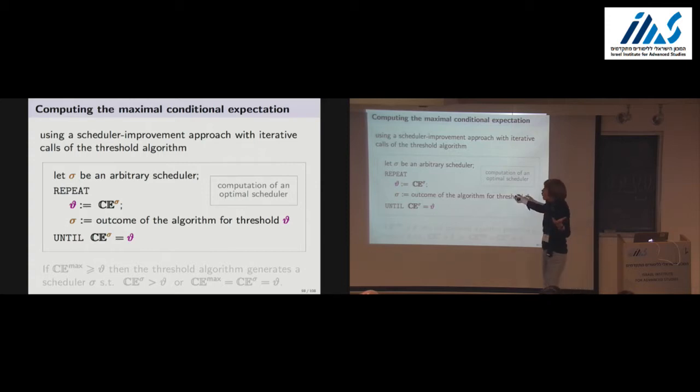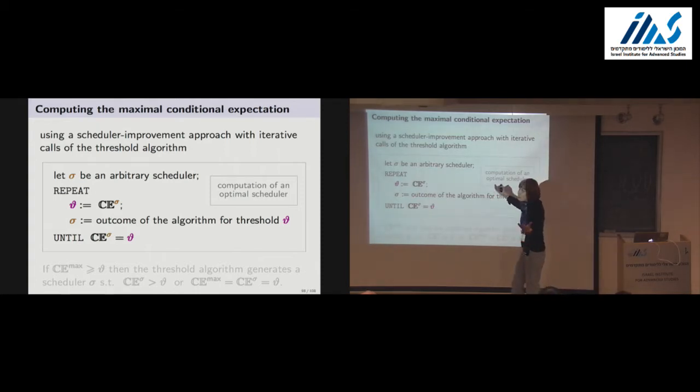Now this leads to the following rather naive idea to compute the maximal expectation. Pick an arbitrary scheduler, compute its conditional expectation, let's call it theta, and then run this threshold algorithm for this value theta. In case that you cannot improve the value, then you have found an optimal scheduler, and otherwise you repeat.